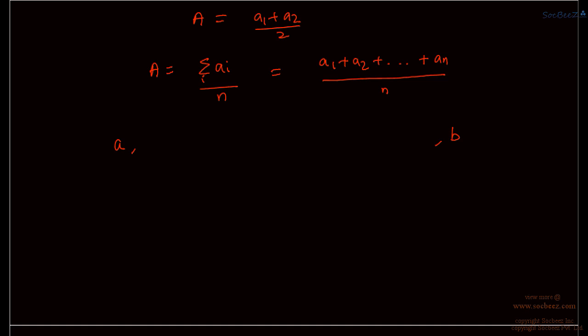This is no haphazard manner of inserting terms between them. You're supposed to put a definite order of arithmetic means between them. So let us call them A1, A2, all the way to an minus 1 and an, right?